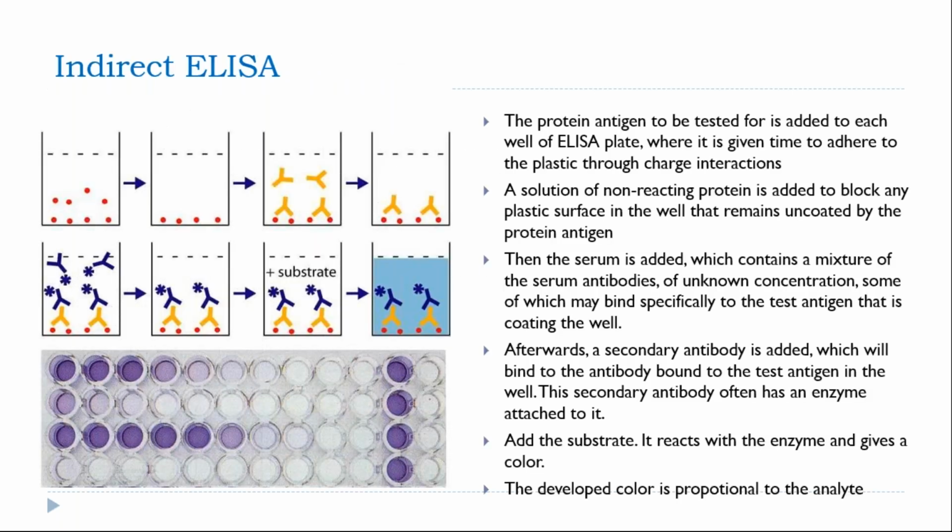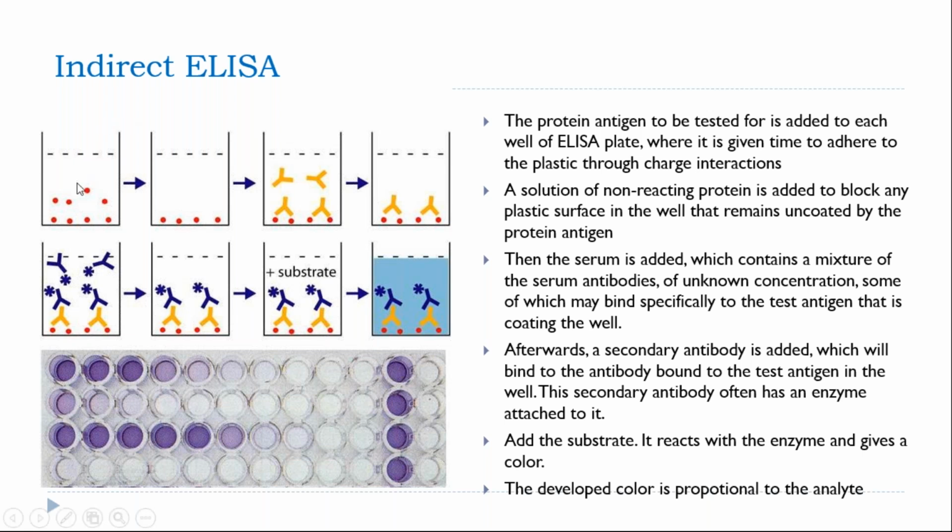So in indirect ELISA, here is a part of a 96 well plate. The difference from sandwich ELISA, where the antibodies are already pre-coated in the plates, is that in indirect ELISA we do not use pre-coated plates.